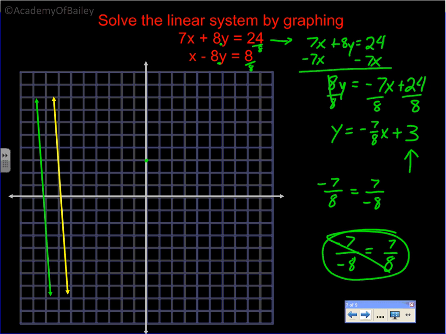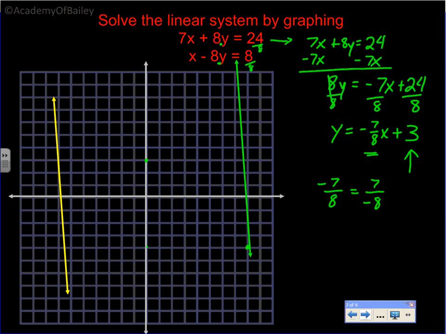We actually have a negative 7/8 in our equation. I'm going to go negative 7/8, so that means down 7 and to the right 8. 1, 2, 3, 4, 5, 6, 7 down. 1, 2, 3, 4, 5, 6, 7, 8 to the right. So from here, I can graph that line.